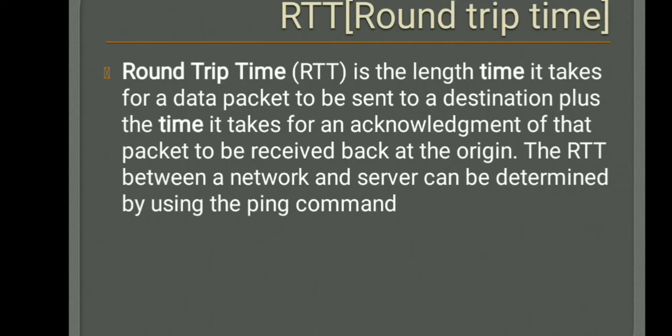So it is the amount of time it takes for the packet to go from the source to the destination, that is the request message, and for the reply message to reach back to the origin. If the round trip time is large, it indicates that there is some congestion or some issue in the network. So this is one metric that allows us to analyze the performance of the network.